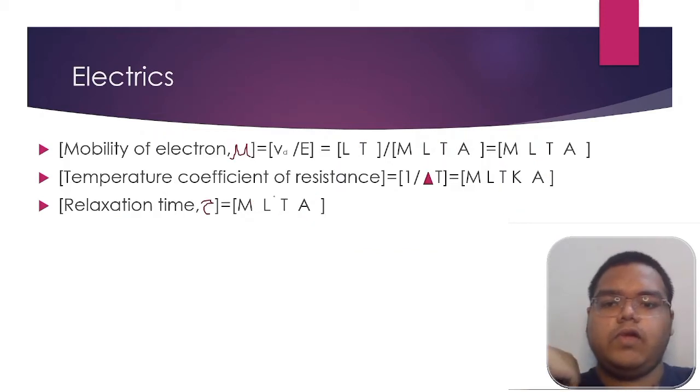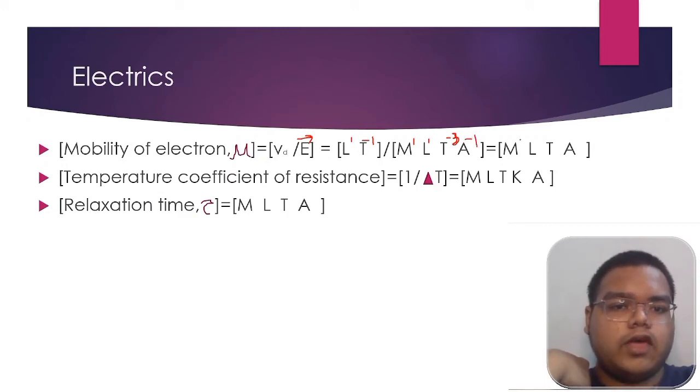Next, mobility of free electron mu, which is equal to drift velocity by E, which is equal to L to the power 1 T to the power minus 1 divided by M to the power 1 L to the power 1 T to the power minus 3 A to the power minus 1, which will be equal to M to the power minus 1 L to the power 0 T to the power 3 and A to the power 1.